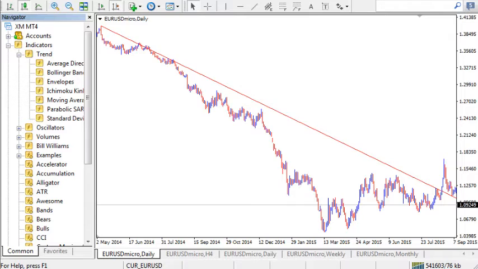We use 21 period, and there is again no correct and incorrect value for the period. We just use 21 because it is a Fibonacci number. Then we use the MA method as simple, not exponential and other stuff, and we apply to the close price and we click OK.